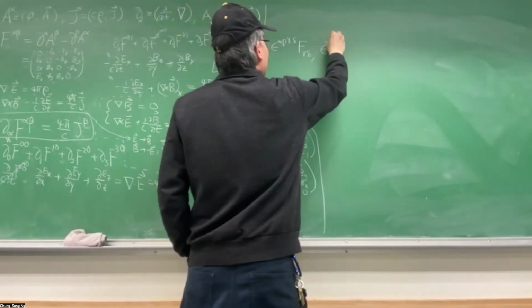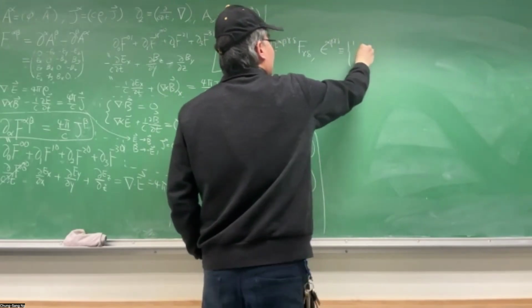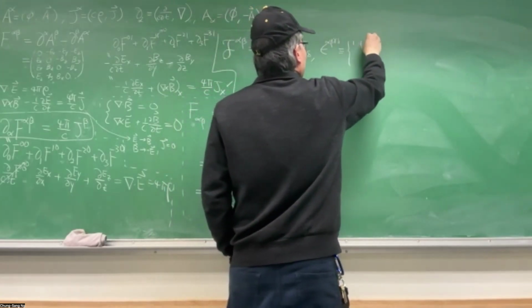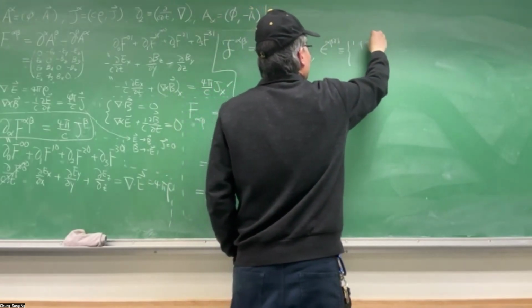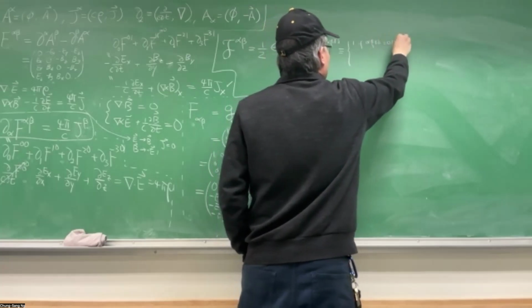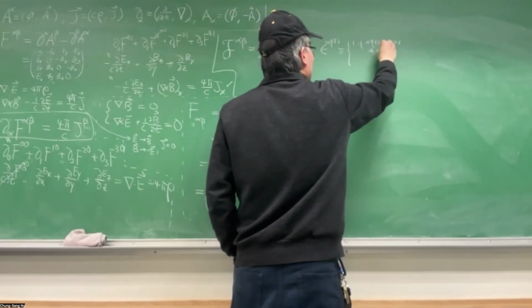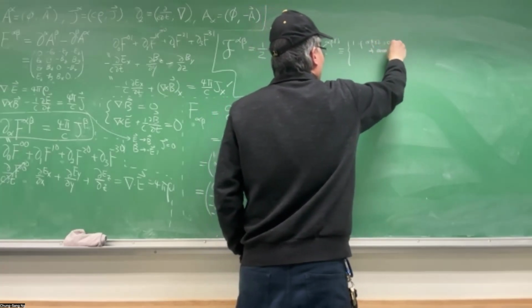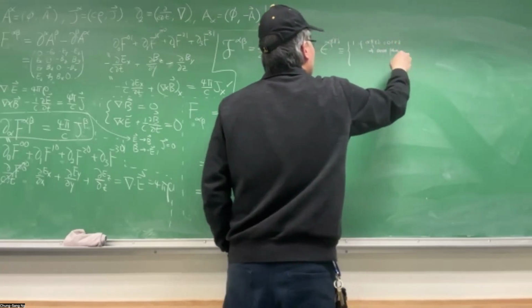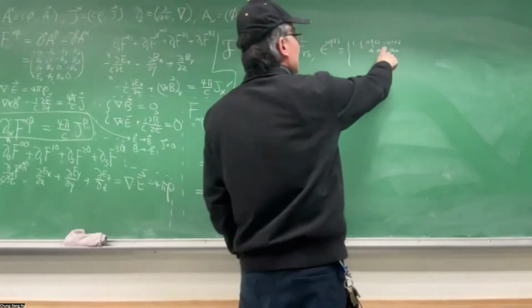Epsilon alpha beta gamma delta is defined as 1 if alpha beta gamma delta equals 0, 1, 2, 3 or an even permutation. A permutation means that you interchange 2 of them.